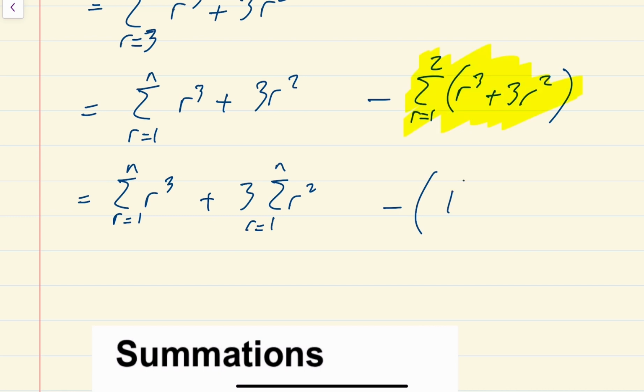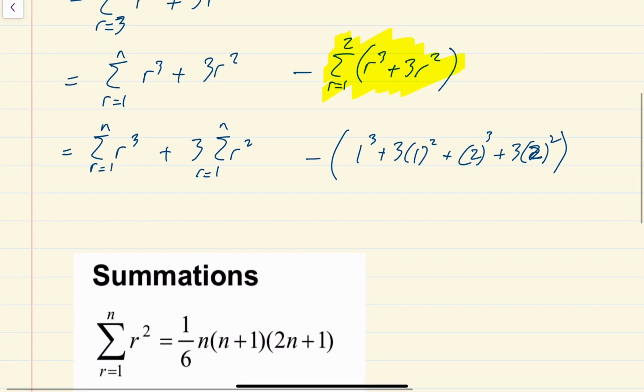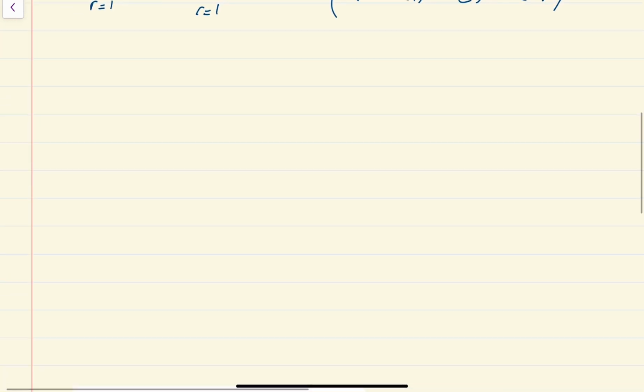So put r equal to 1 in, you'll have 1 cubed plus 3 times 1 squared. And then put 2 in, you'll have 2 cubed plus 3 times 2 squared as well. So they just need to be taken away, and they're going to be quite simply numerical values.